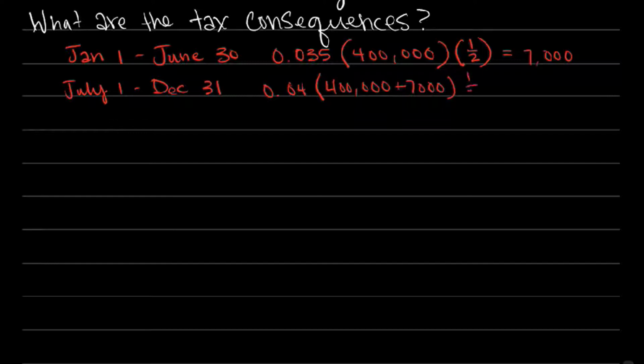Multiply that by 1/2 of the year, because we're not calculating for the full year, and that gives us $8,140. The total amount of interest income that Chris needs to include on his tax return is $15,140.